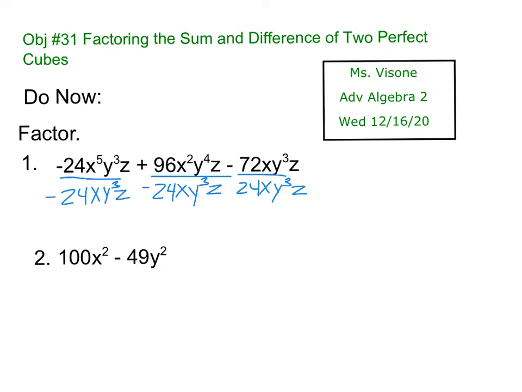I'm going to make it negative since the first one is negative. When I divide, I get x to the fourth minus 4xy plus 3, and then put that GCF out front. That's it, because what we're left with, we can't factor.